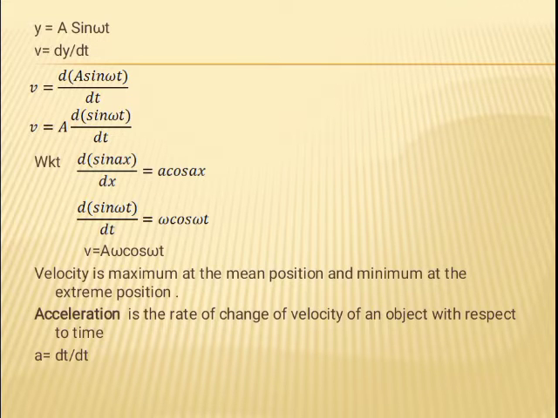Now differentiating: whatever y value you have here, you substitute in this formula to arrive at this expression. V is equal to d by dt of, what is y here, A sin omega t.